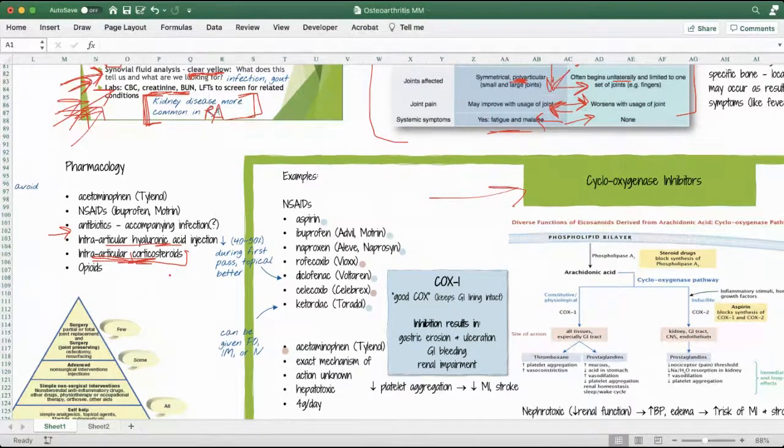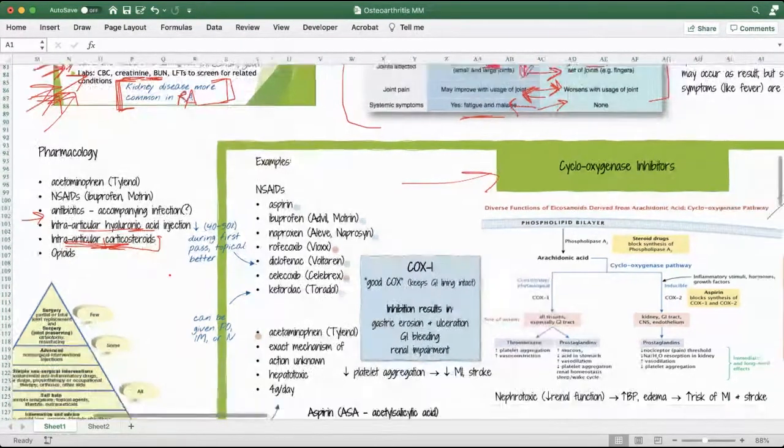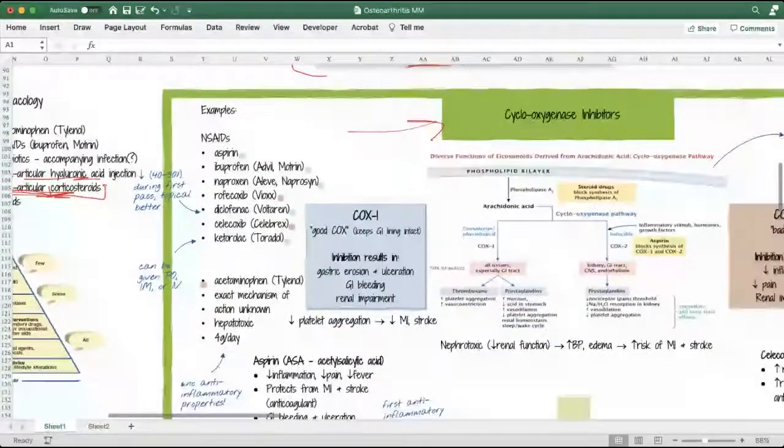Corticosteroids often work better when we use them locally, and they have less systemic side effects, because corticosteroids have a bazillion side effects. We try not to give them unless we absolutely have to.